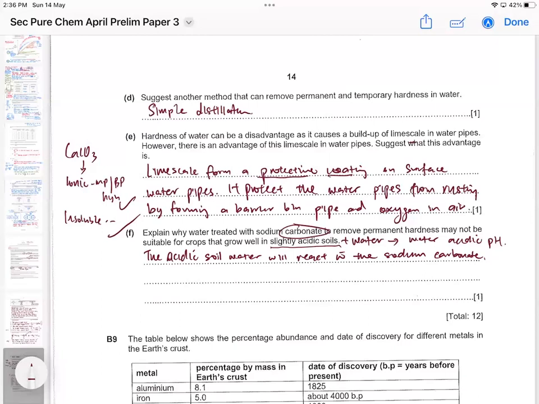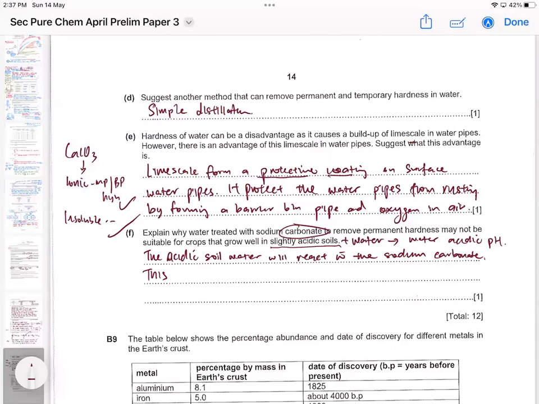So, Emily, what do you think is the impact when the acidic soil water reacts with the sodium carbonate? What will happen to the pH of the soil water? It'll be neutralized. Then why is it bad in this case? Because the crops grow best in slightly acidic soil.